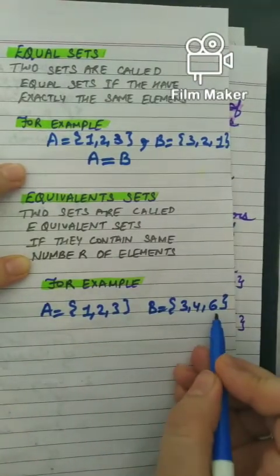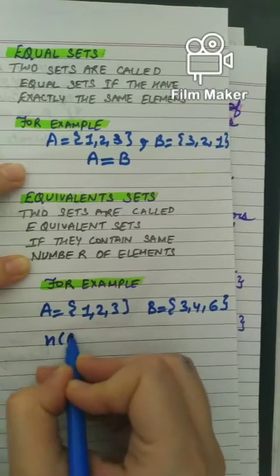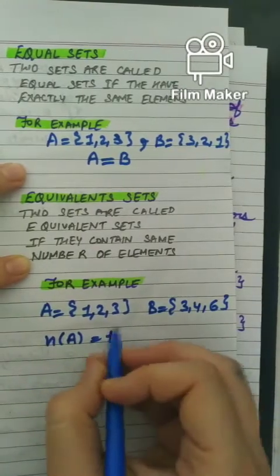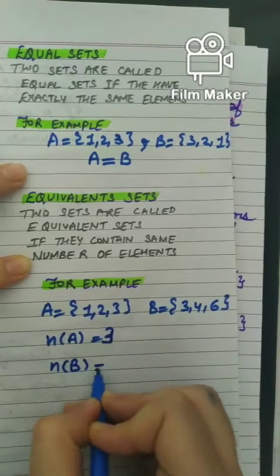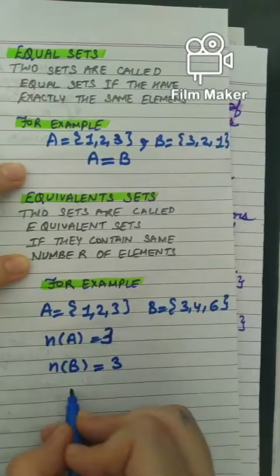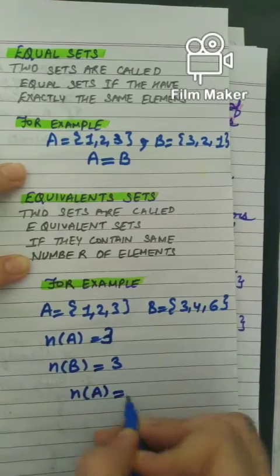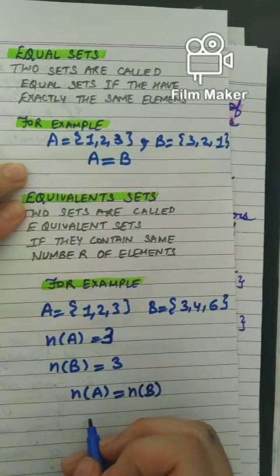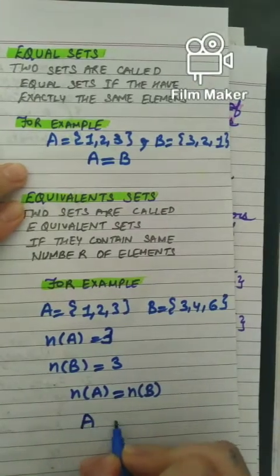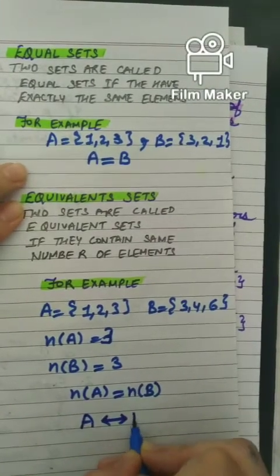In this also we have 3 elements. So I can write the number of elements in A, meaning cardinality of A, is 3, right? And cardinality of B is also 3 because it has 3 elements. Cardinality of A is equal to cardinality of B. So these two sets are equivalent. We always write like this: A is equivalent to B.